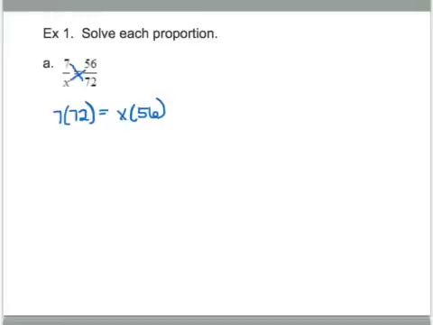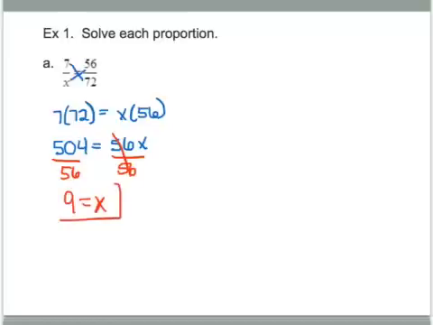Well, 7 times 72 is 504, and this is just equal to 56x. So now I divide both sides by 56, and I end up with x equaling 9. So I have solved for it.